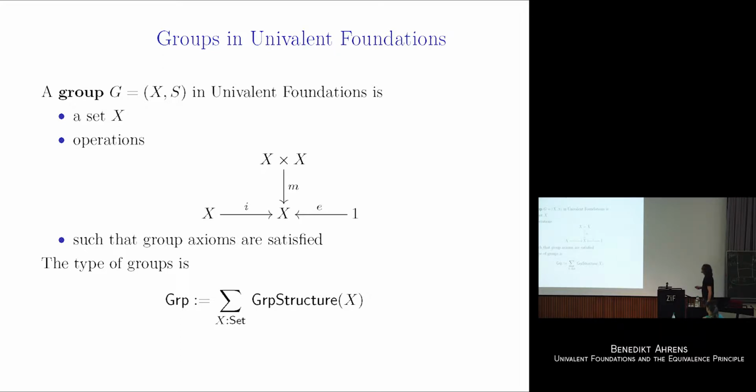So this structure S, which I call a group structure, contains the group operations together with the group axioms. And then I define the type of groups as the type of pairs of a set X together with a group structure on X.